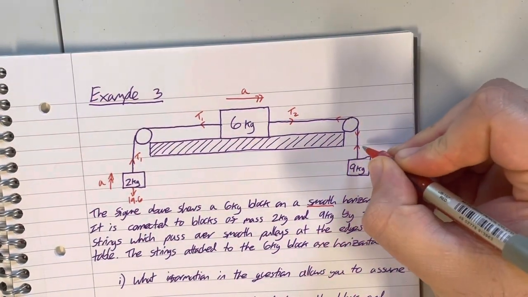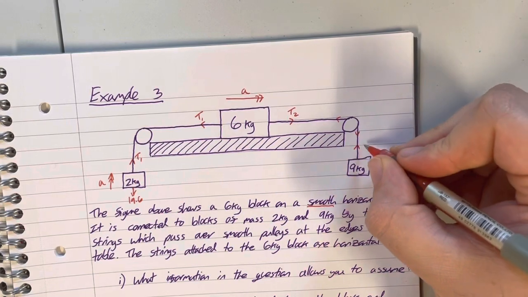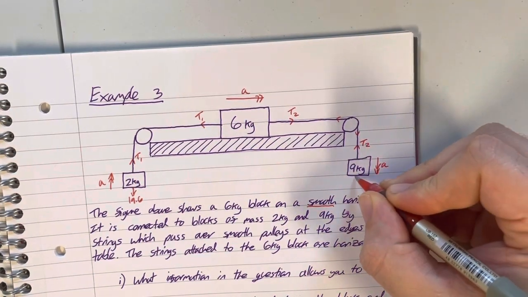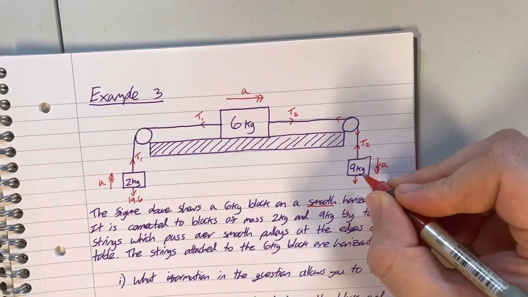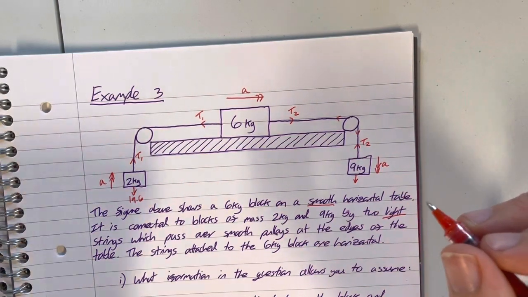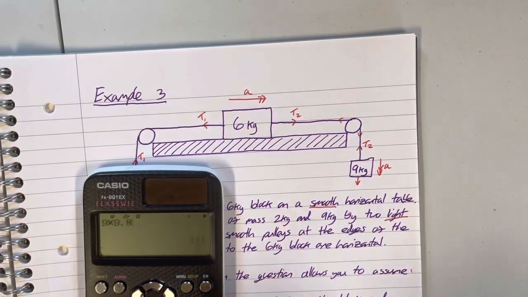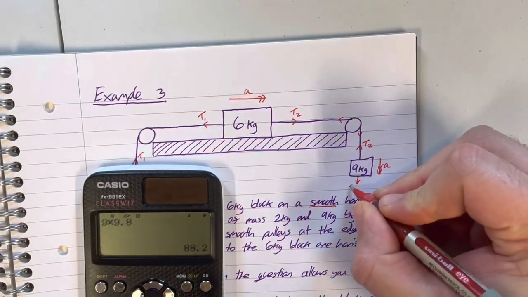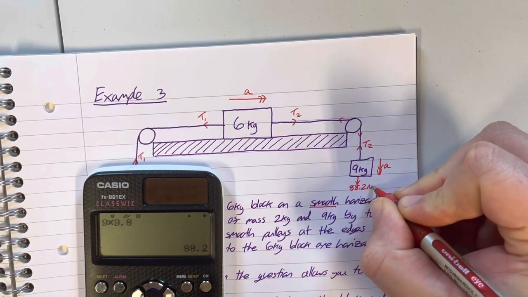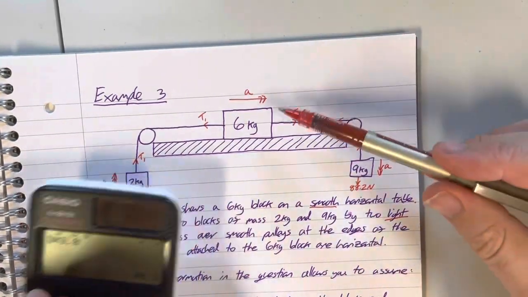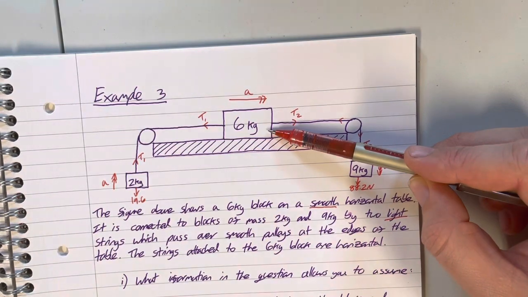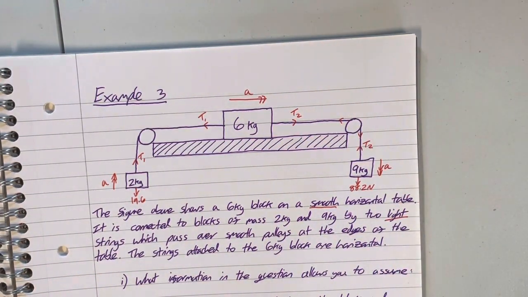Again, the pulley is smooth and the string is light, so that will also be T2. And then we have 9 times 9.8, which is 88.2. There will also be a weight and reaction on the 6 kilogram block, but just like in example 1, they have no bearing on the question, so we can ignore those.